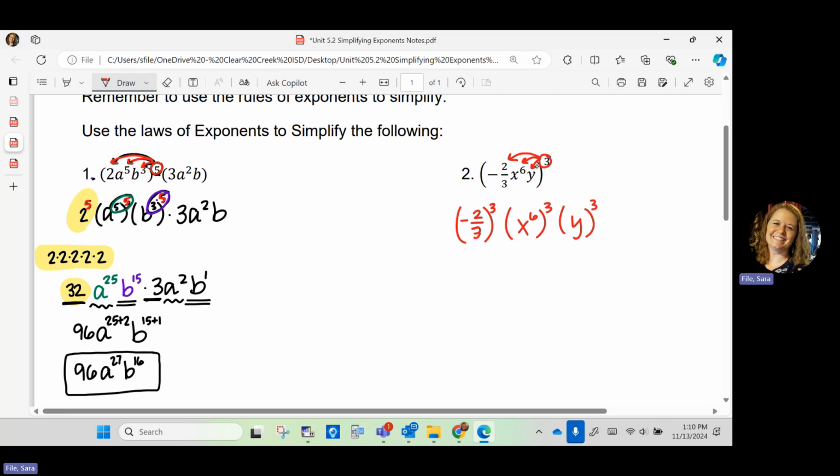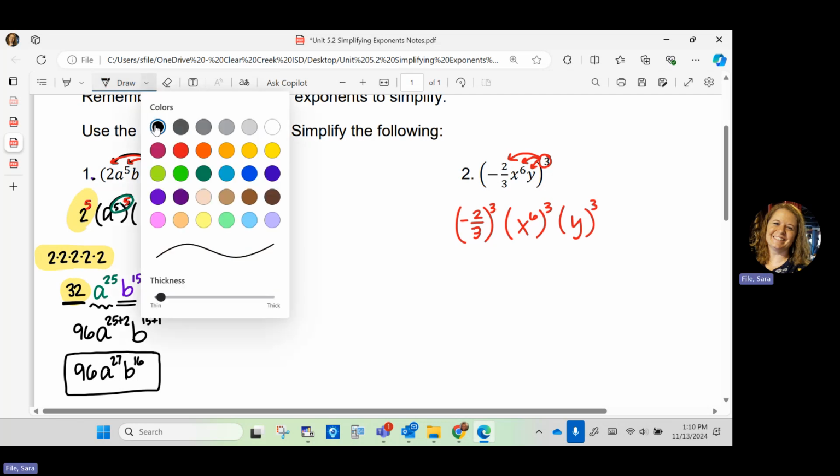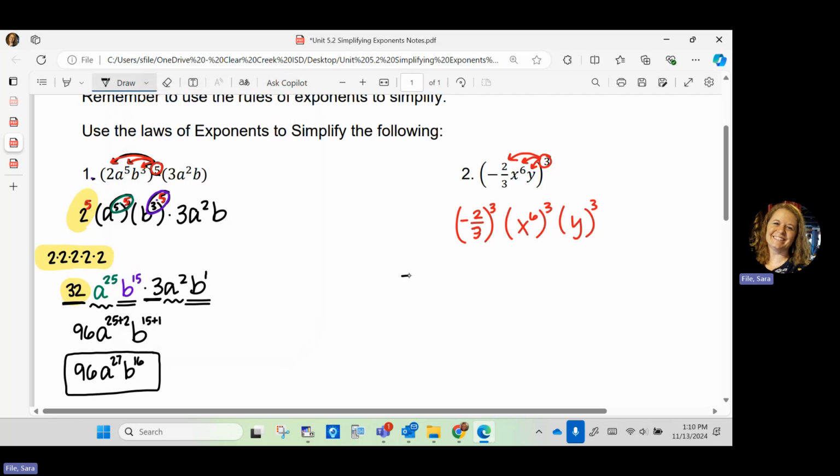So now I'm going to simplify. Again, negative 2/3 cubed means there's 3 of these. If I were to multiply all of those out, because there's 3 of them, I've got a negative times a negative, which would become positive, times a negative again.